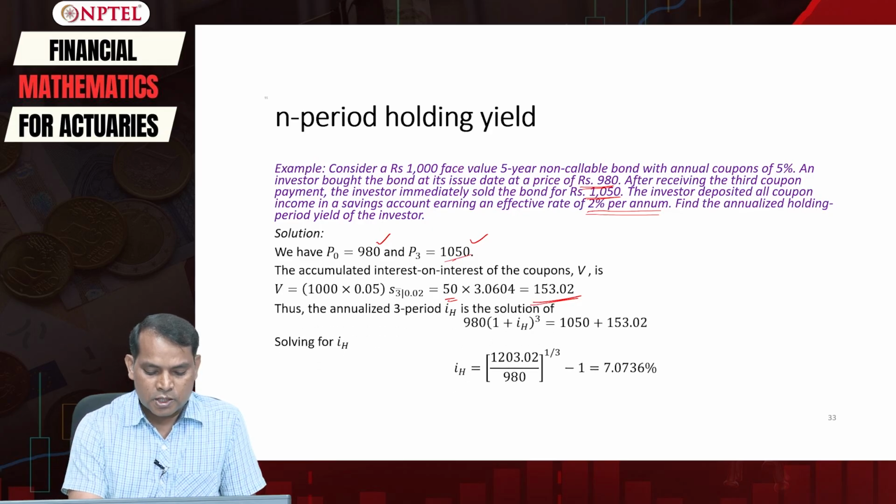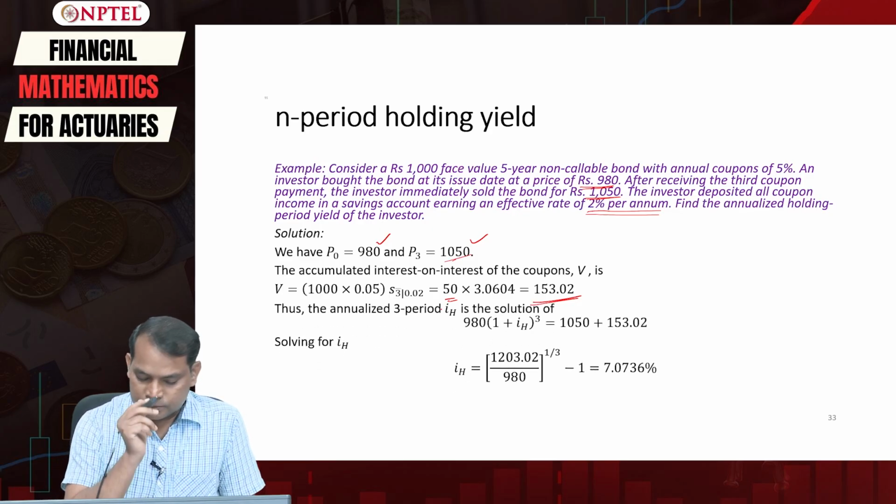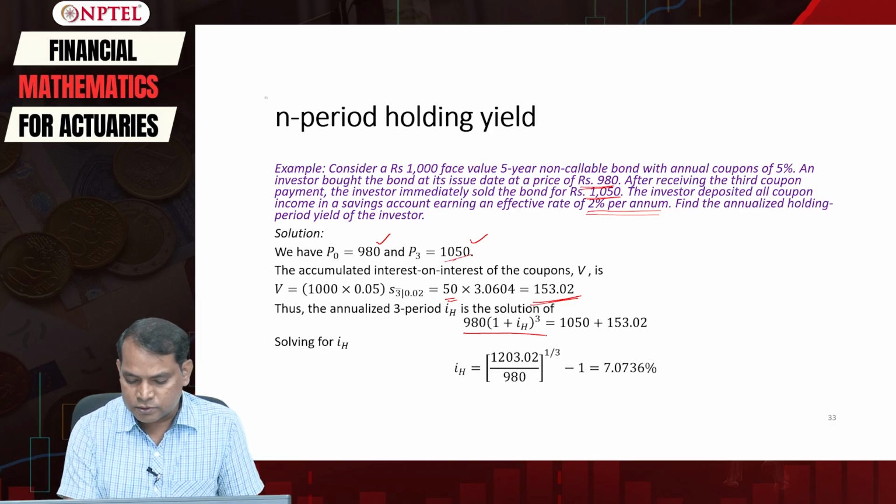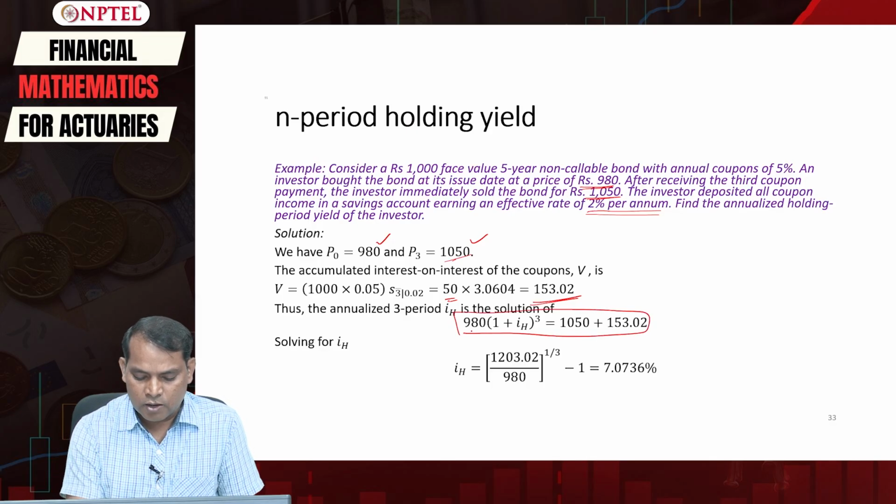So, the annualized 3 period IH is the solution of our equation. We have 980 times (1 plus IH) to the power 3 is equal to 1050 plus 153.02.